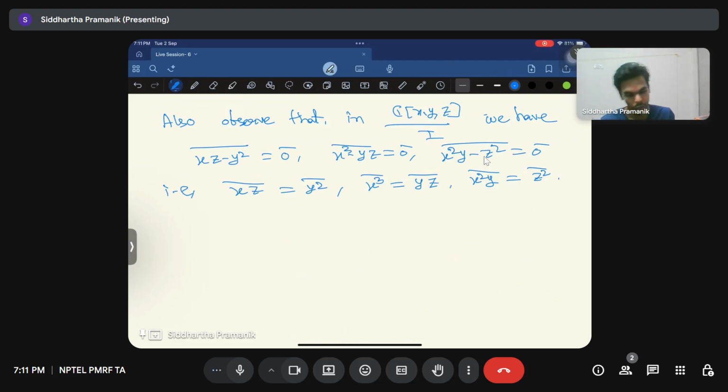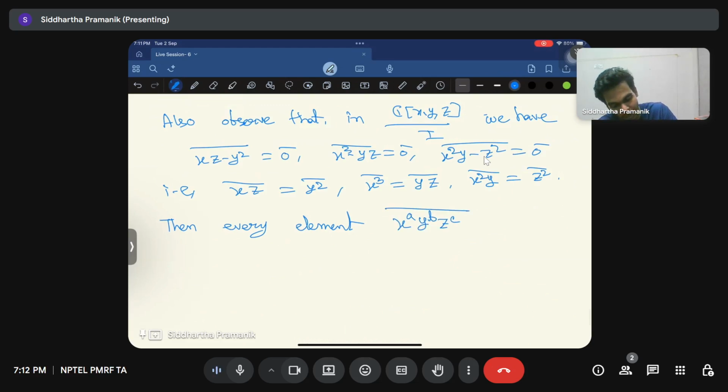So one thing I will just mention, I will not prove. An arbitrary polynomial is a sum of monomials. So an arbitrary monomial in this quotient has the form x^a y^b z^c.